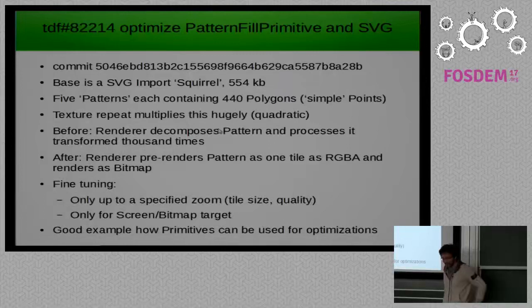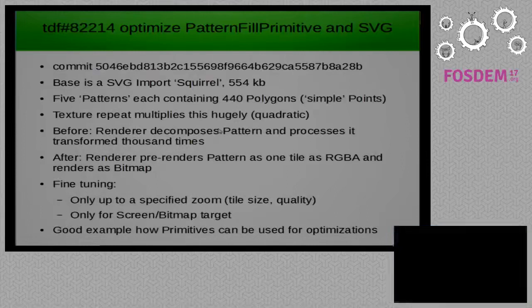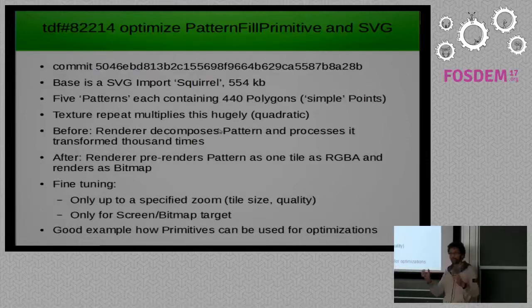It's pretty big, half a megabyte, and the reason it works so slowly is that it contains 5 SVG patterns, each containing 440 polygons by itself, just to describe simple points. And these patterns are used with texture repeat to fill polygons. This multiplies with the 440 polygons, so in the end effect, when it was all folded up and prepared for rendering, you had millions of simple polygons just to define the graphic.